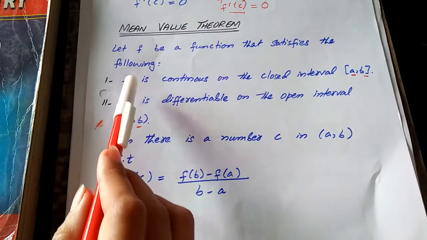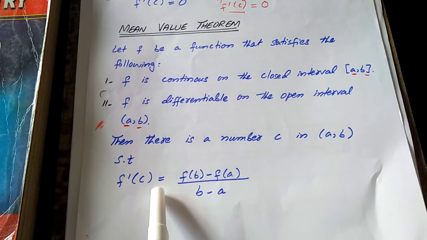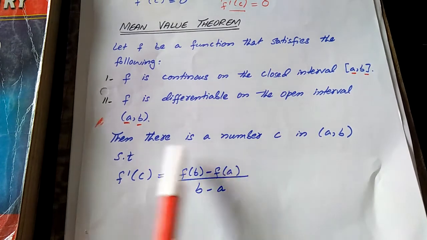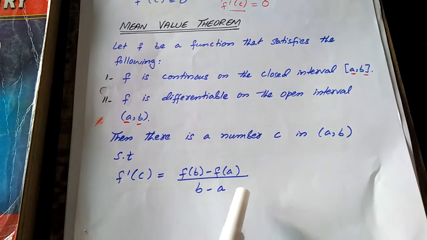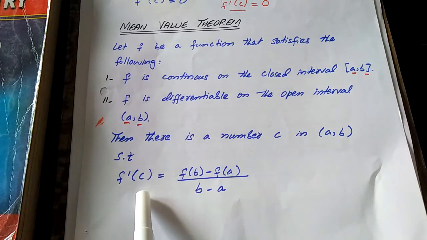If these two postulates are satisfied, then we move on and calculate the value of C using this formula. For using this formula, you must have f dash of x.